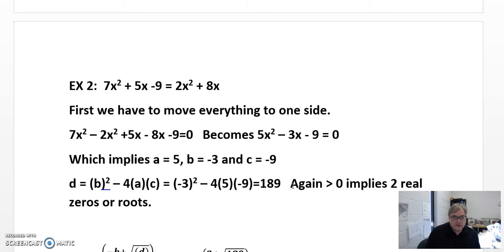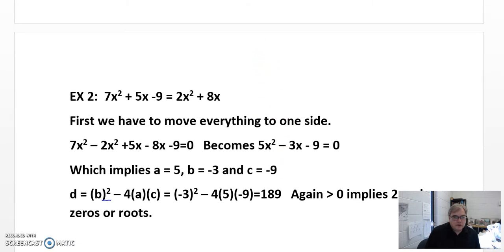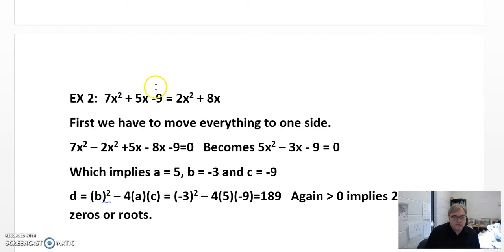Scroll down to another one, and here I have 7x squared plus 5x minus 9 equals 2x squared plus 8x. I have to get this equal to 0, so I'm going to subtract these from the other side, and simplify it, combining like terms, until I get this quadratic equal to 0. I pick off my a, my b, and my c. Again, I go right into d and plug in what I know.